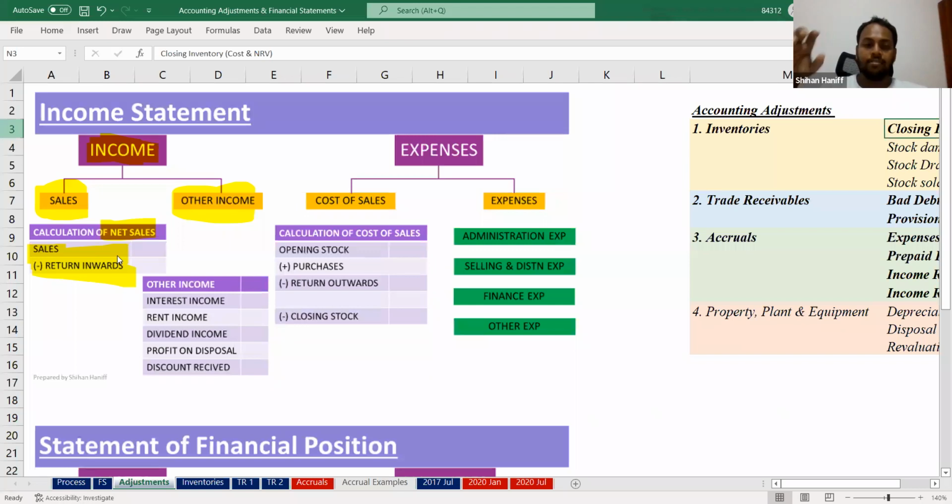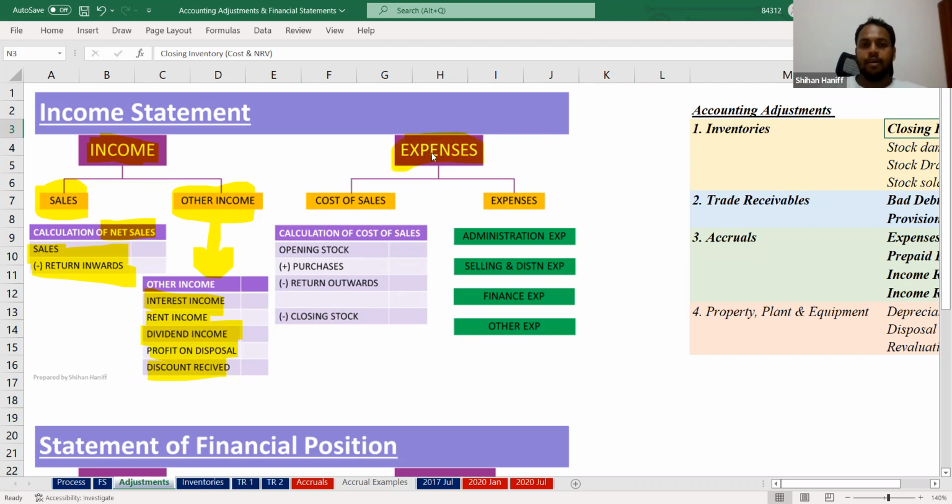So we get the net sales. Then other income. Other than sales, there can be interest income, rent income, dividend income, profit on disposal, discounts received, different types of income.